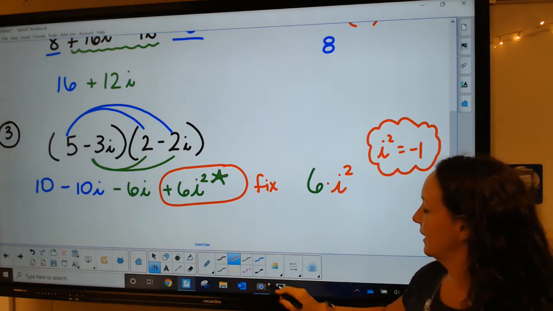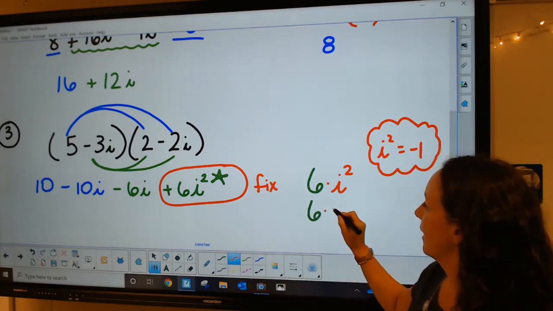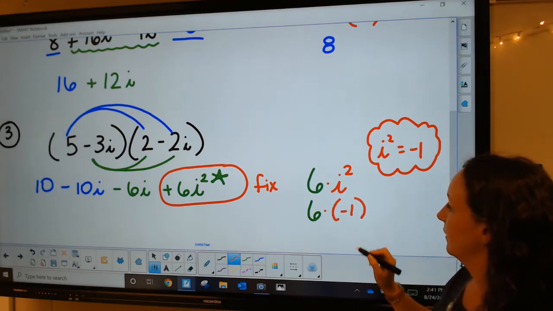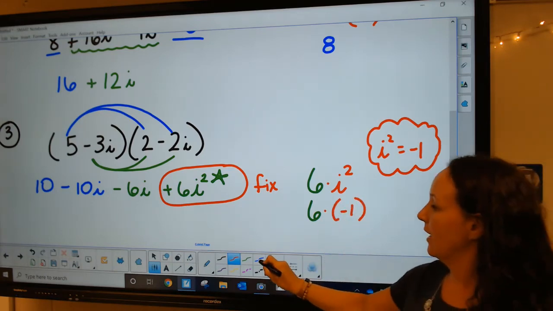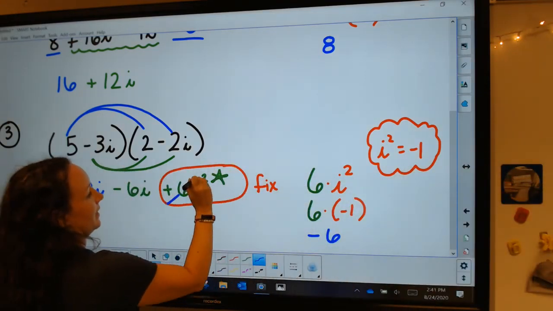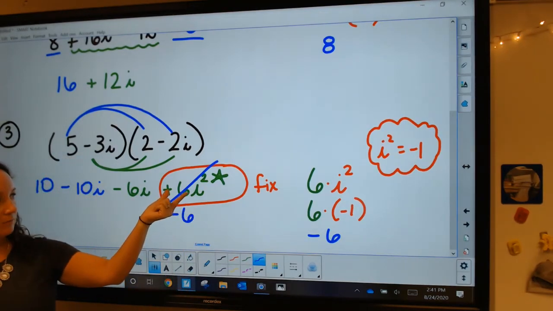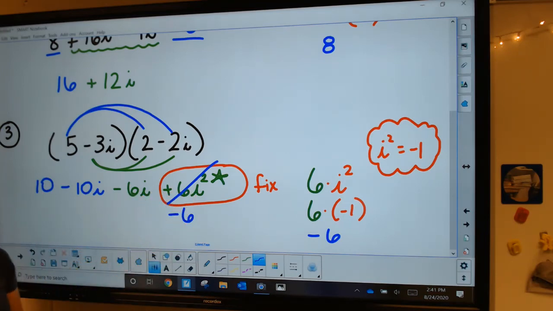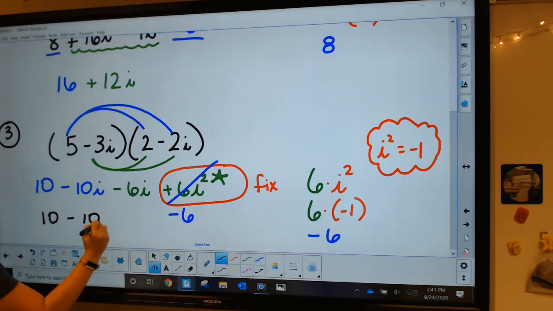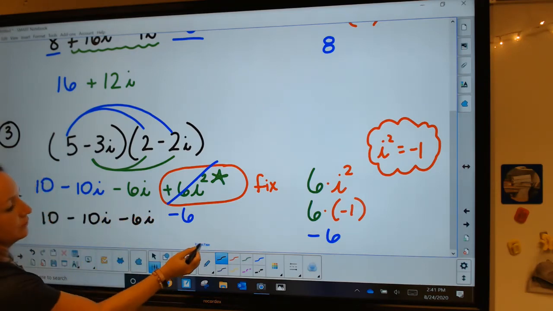And this is being multiplied together. So I have 6 times a negative 1. So positive 6 times negative 1 is going to give us a negative 6 instead of that 6i squared. It's 6 because of the i squared. It changes to a negative 6, no more i. So I'm bringing down 10 minus 10i minus 6i. And I'm going to combine like terms.